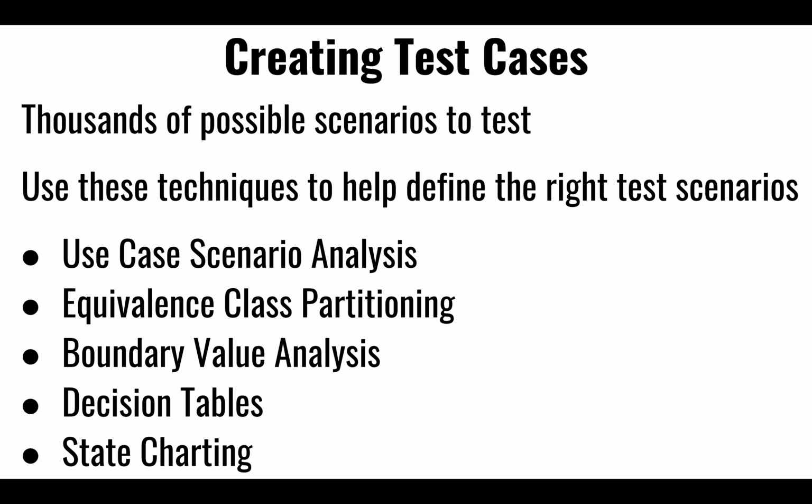Out of the million possible combinations that you could have of different inputs for different fields, which values could we choose that represent an infinite range? If it's a day of the week, then obviously the range has to be Monday through Sunday.